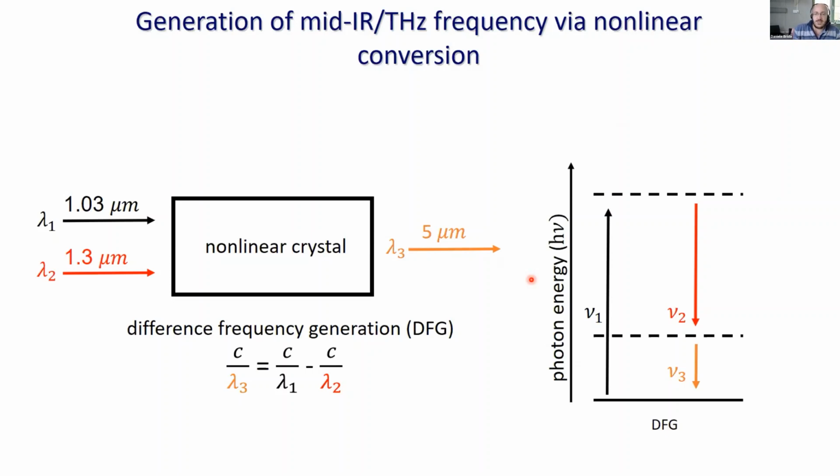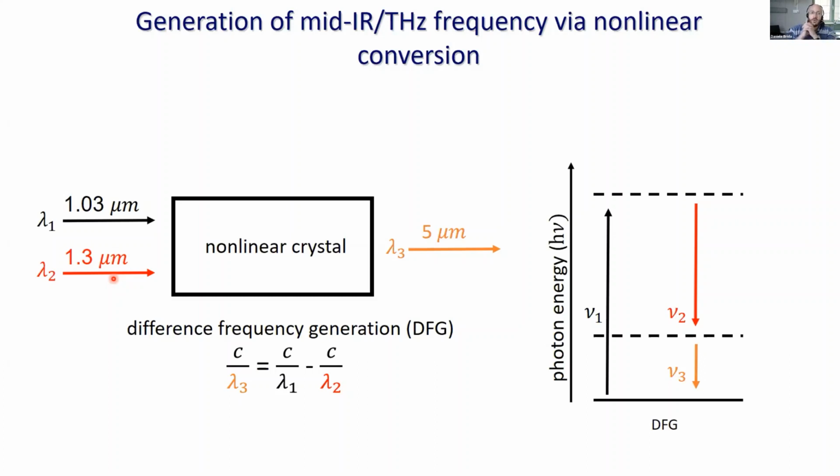DFG is the fundamental process at the base of optical parametric amplification. The difference is only in the initial conditions and in a matter of definition. So DFG typically is called the process when you have two equally intense input beams and you obtain the difference frequency generation pulse. If one is much weaker than the other, and in particular the 1.3 micron here, it could be considered the seed for an optical parametric amplification process.